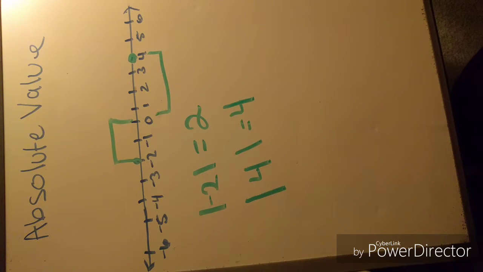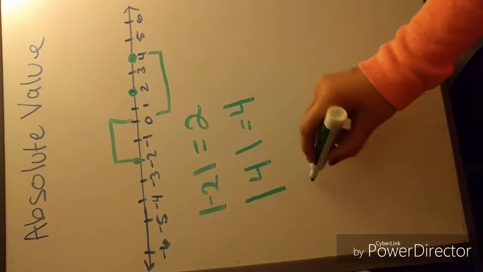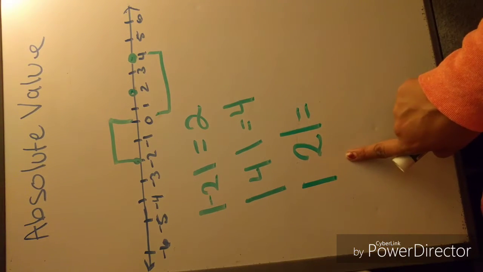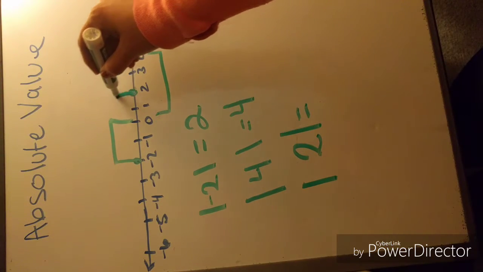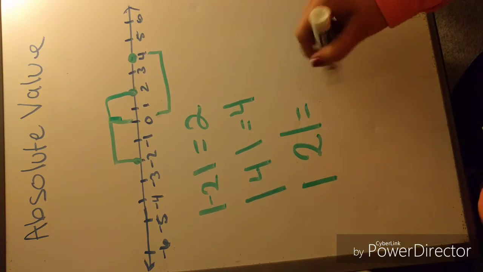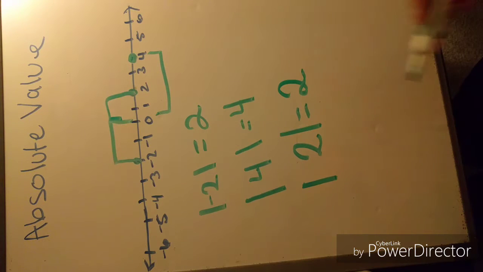Let's try one more. What is the absolute value of 2? The absolute value of 2 is 1, 2, because it's 2 units away from 0.